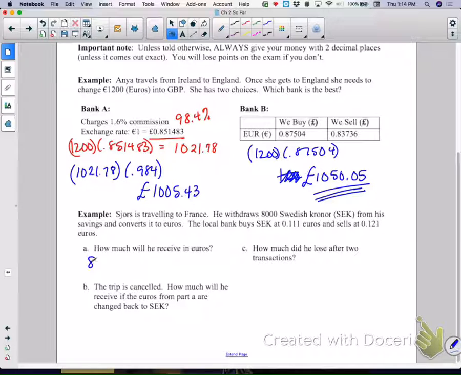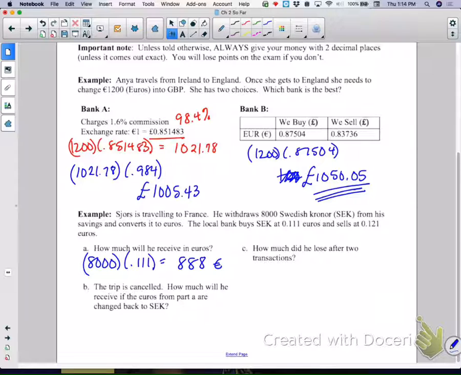So we're going to take our 8,000 times 0.111, and that's going to be 888 euros. Now, poor Sjors, or whatever his name is, his trip got canceled. So he didn't need those euros after all. He's going to change them back.